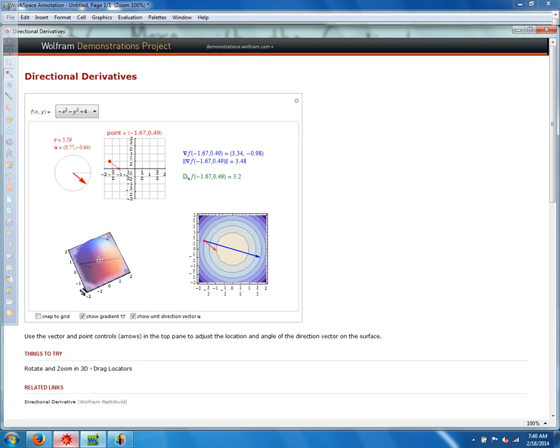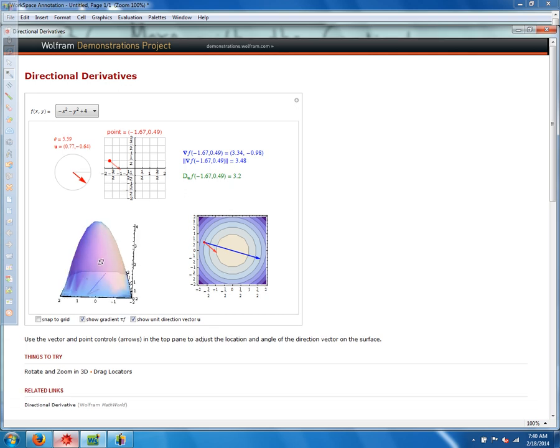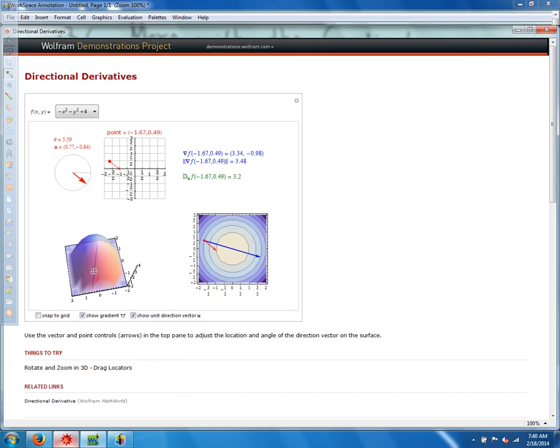So over here on this point in the surface, the maximum rate of change is up the hill there. So that's what our gradient is telling us about the direction of the maximum rate of change on our surface. And if our gradient and our unit vector are pointed in the same direction, then our unit vector is pointed in the direction of the maximum rate of change.